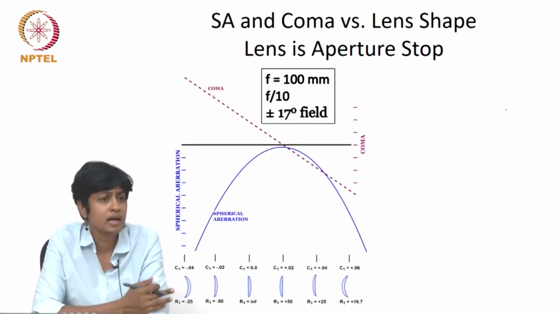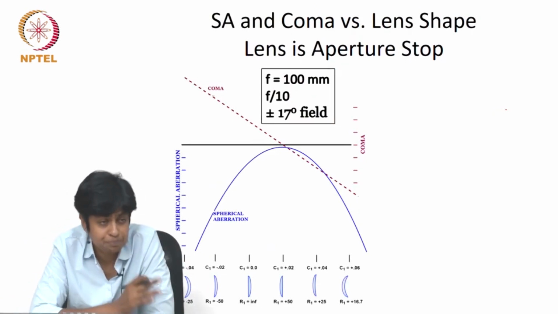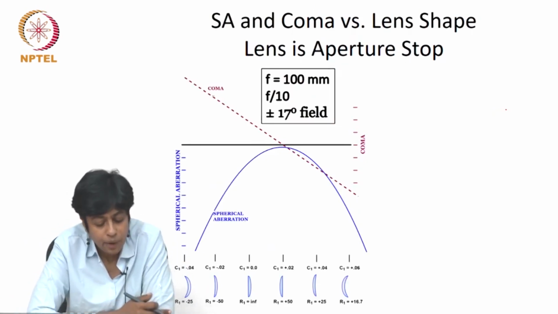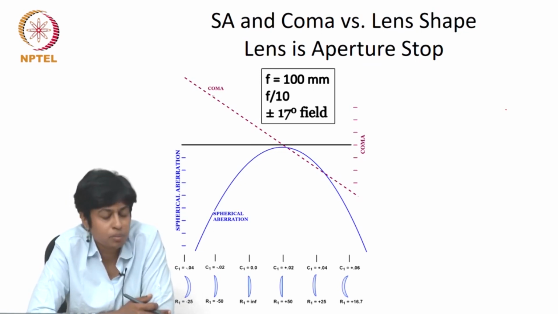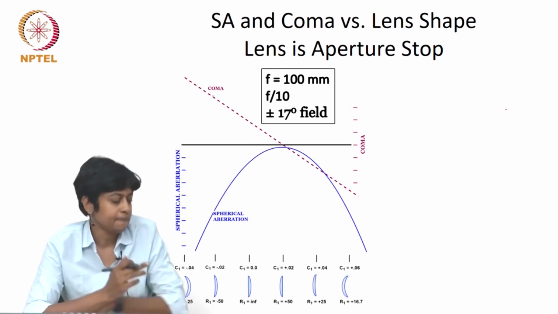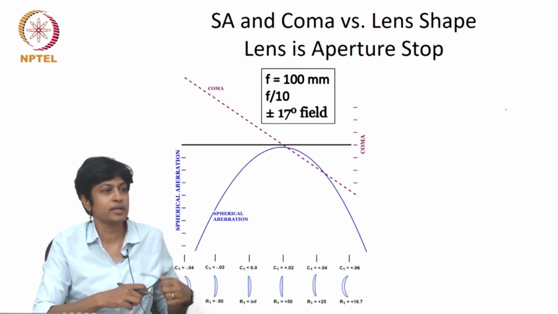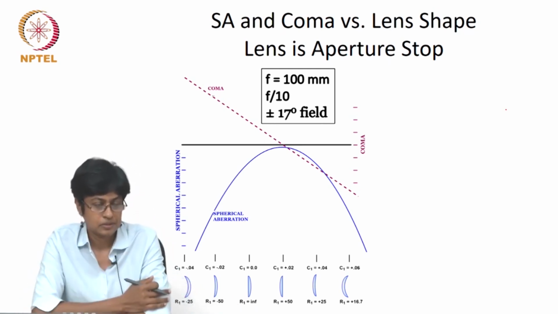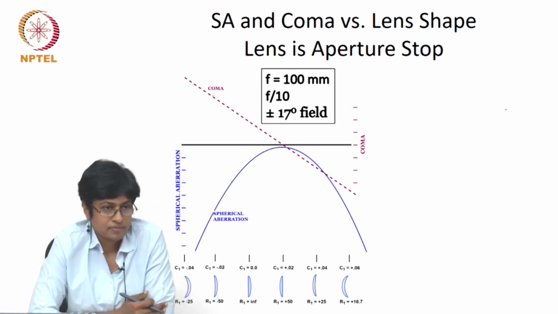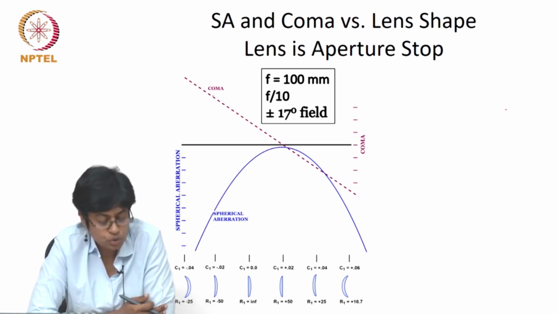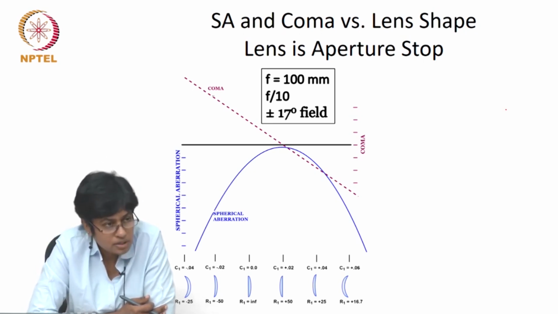Now this was the graph that you should have plotted, or something similar to this. We only looked at coma and spherical aberration. Did any of you look at any other aberrations? The reason that I asked you to plot only coma and spherical aberration is because shape does not affect other aberrations. Right?